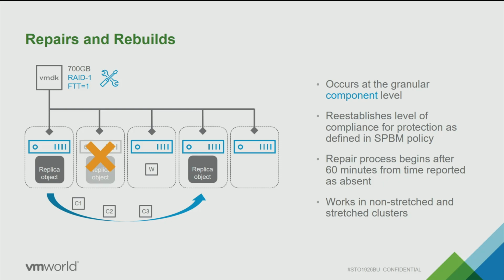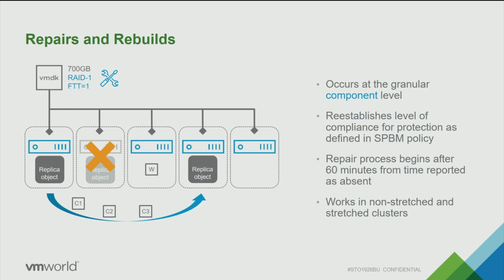And again, the driving factor here is storage policy-based management. You don't have to do any of this. When there is some sort of host failure like we see on the screen here, vSAN's going to take care of that for you. This is really just an explanation of what is happening. At the time, we alert you that something has changed, but it will take care of that for you.